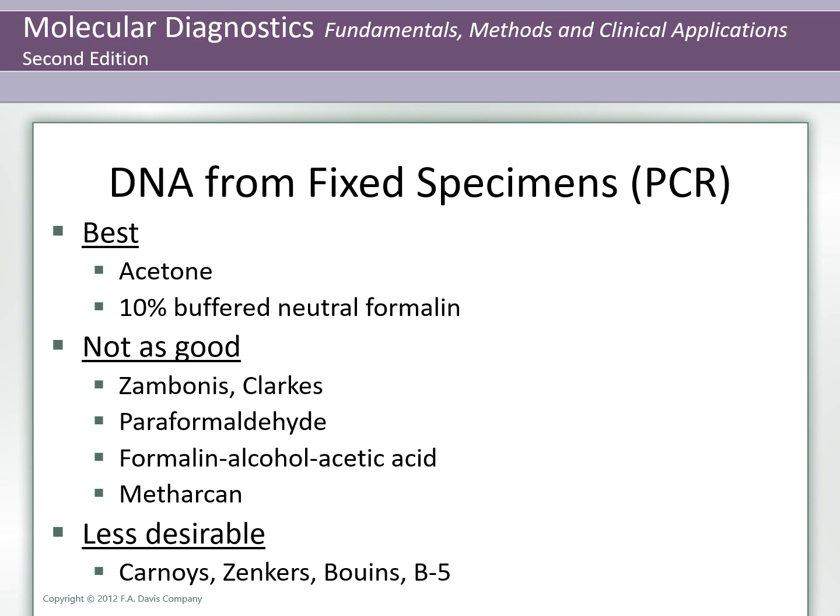The best types of fixatives are acetone or 10% buffered neutral formalin. Zamboni's, Clarke's, paraformaldehyde, formalin alcohol acetic acid, and methacarn are not as good fixatives for molecular testing. The least desirable fixatives are Carnoy's, Zenker's, Bouin's, or B5.